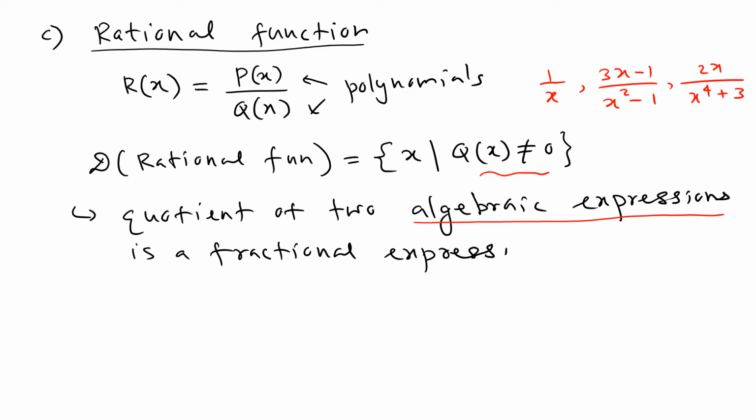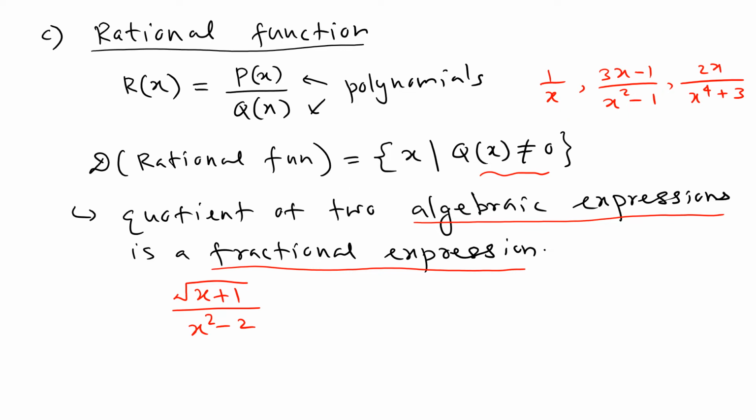So we don't necessarily say polynomials, or rational functions. We say fractional expressions. For example, let's say we have the square root of x plus 1, divided by x squared minus 2. That's a fractional expression, not a polynomial.